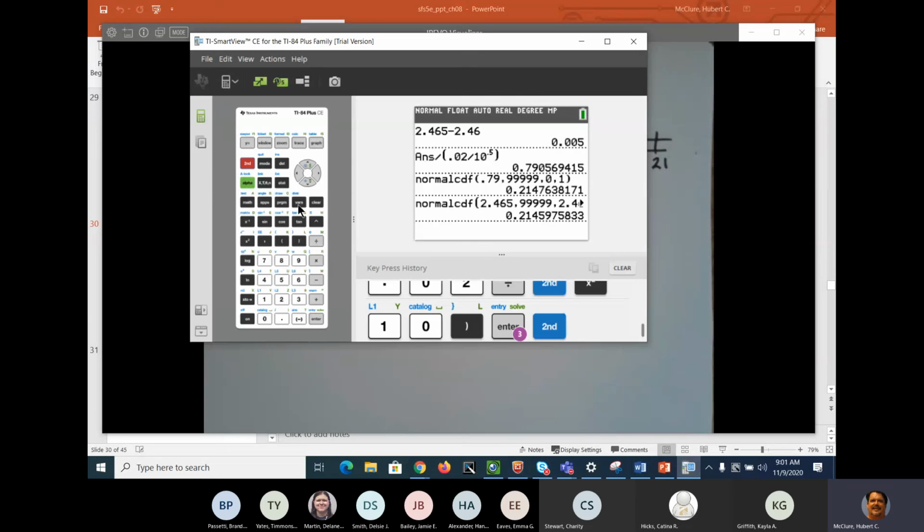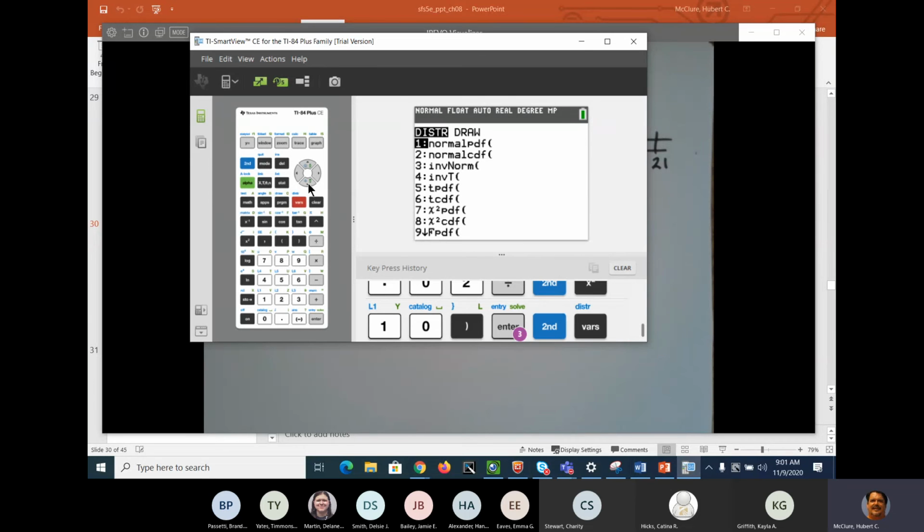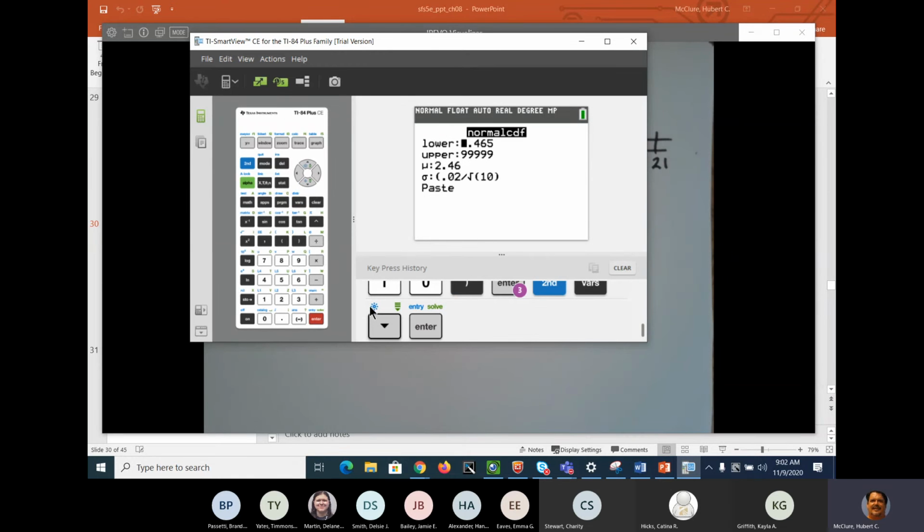Second, bars. Since we did the old calculator with this other example, we're going to do the new calculator and just type in negative 9999 to 11, and mu is equal to 11.4, and standard deviation of 3.2.